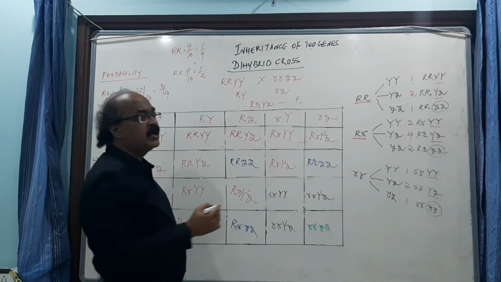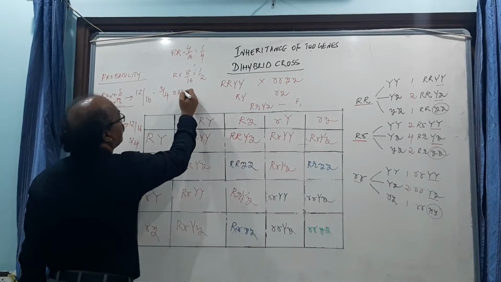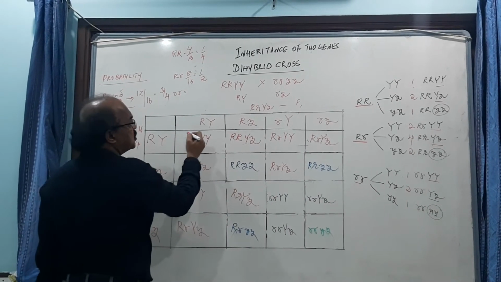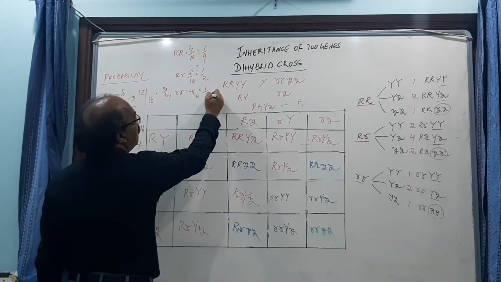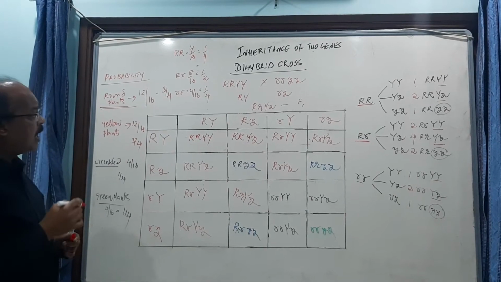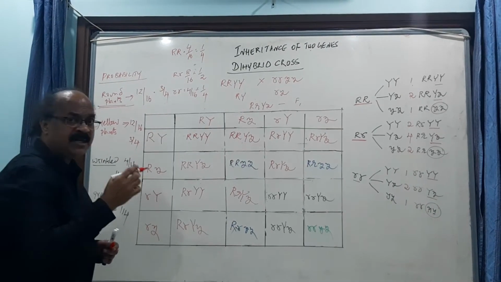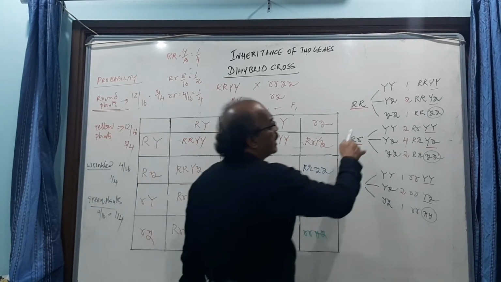What is the probability of getting a small r? Small r probability also 4 plants out of 16. 1 by 4. In a very similar way, what is the probability of getting a capital Y?